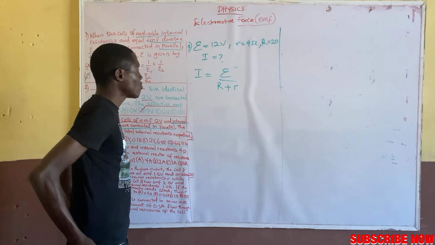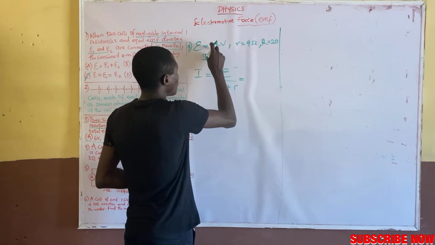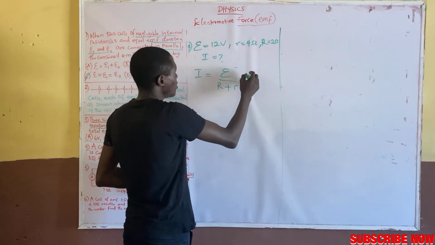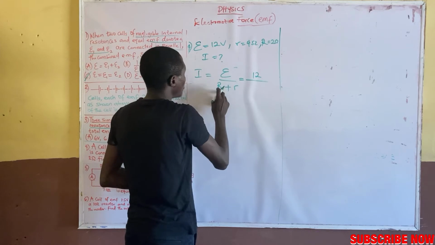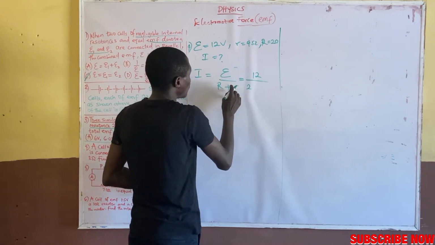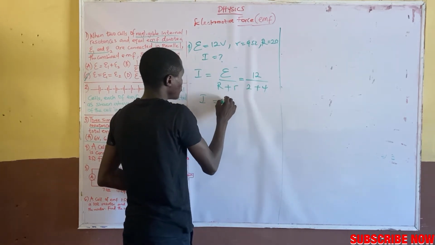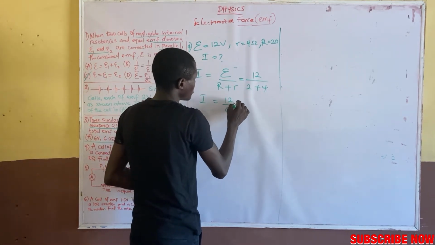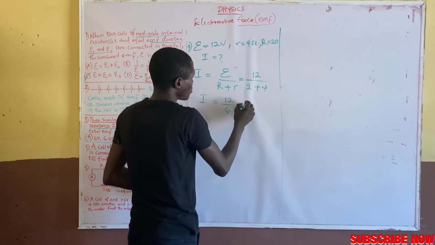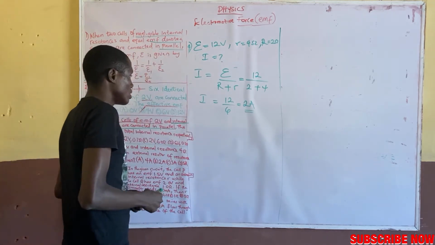So I is equal to 12 all over, capital R is 2, while your internal resistance is 4. So I is equal to 12 over 6, which is equal to 2 ampere.